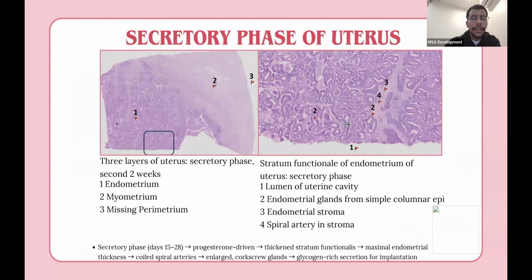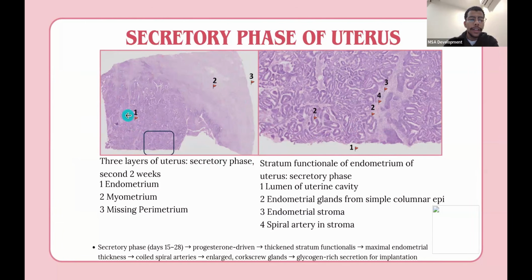Now, when we zoom into the secretory phase, we need to identify 3 things first. One, which is the endometrium here. Then the layer of muscle, myometrium. And then lastly here outside, there's supposed to be peritoneum, but it's missing from the slide. Now, obviously, we said that this is endometrium.